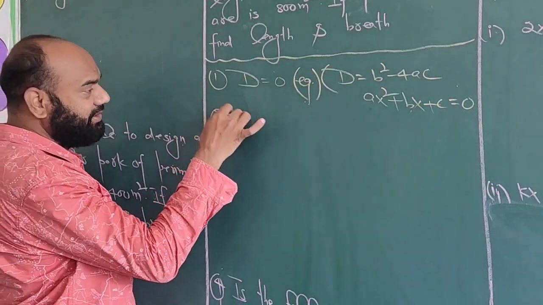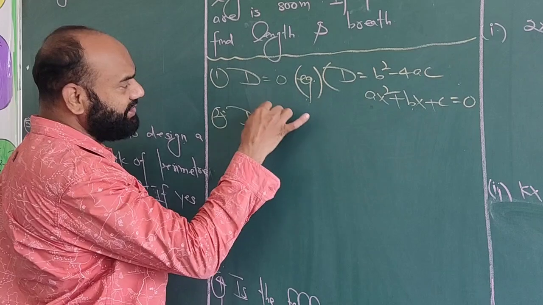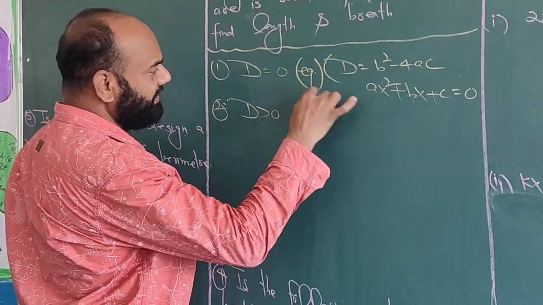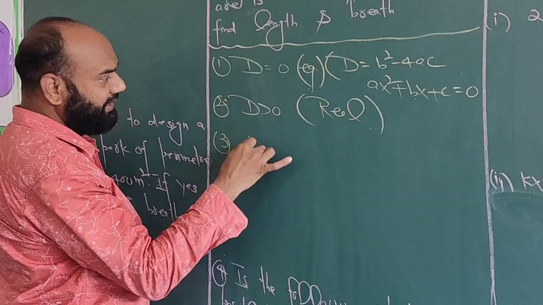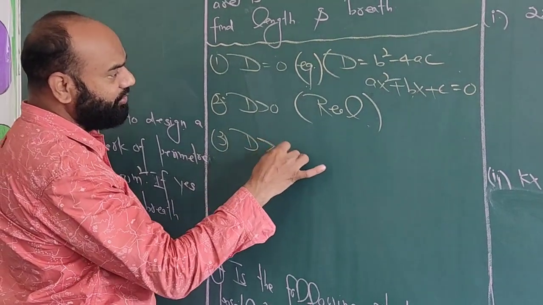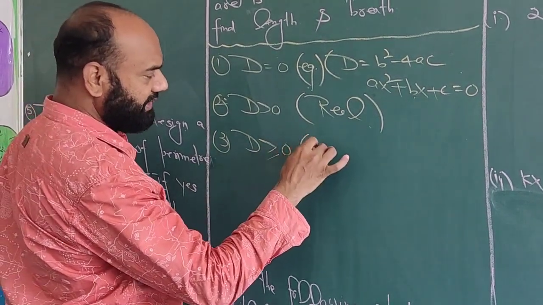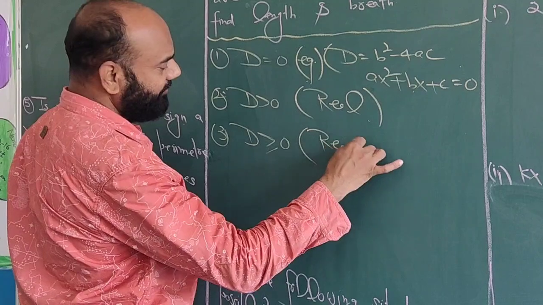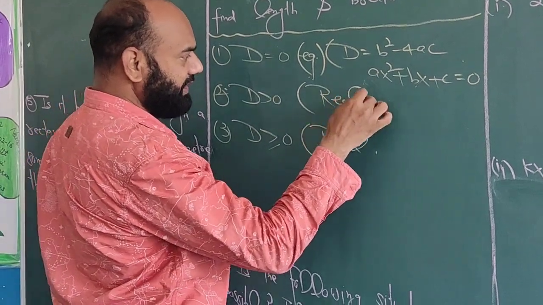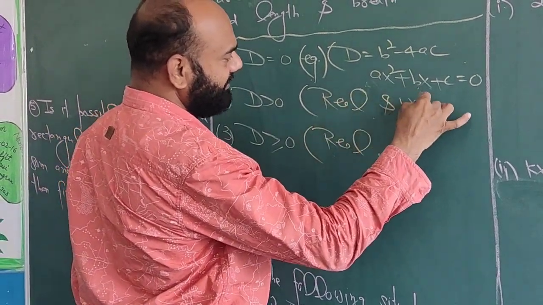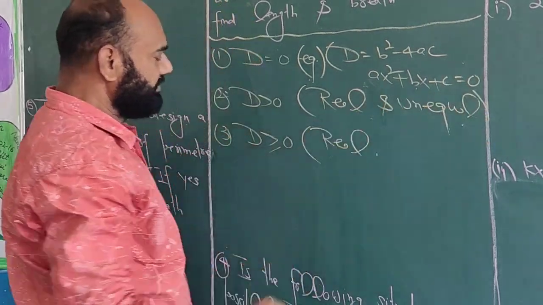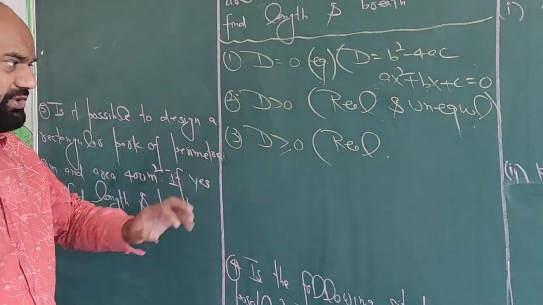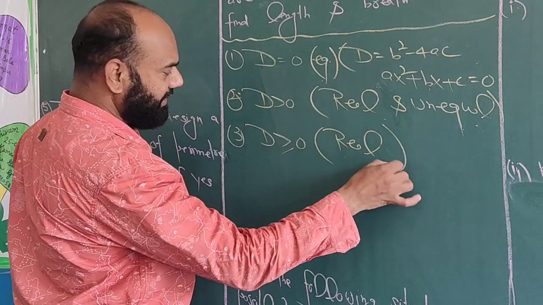And secondly, when D is greater than 0, then the roots are real and unequal. And when D is greater than or equal to 0, then the roots are real.